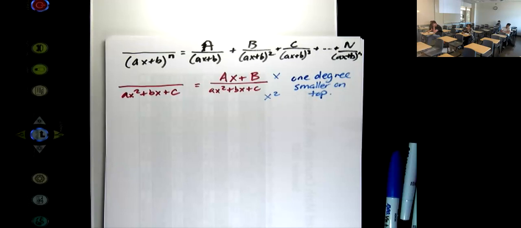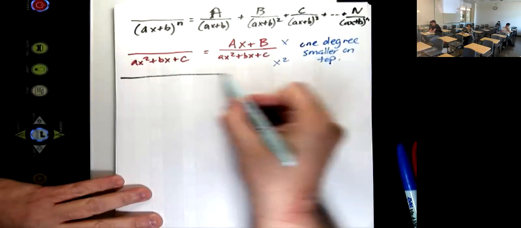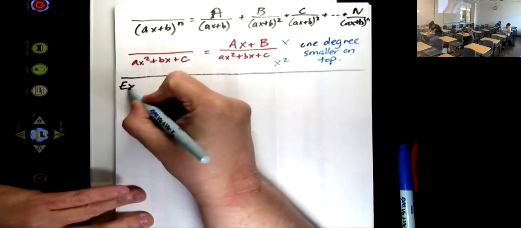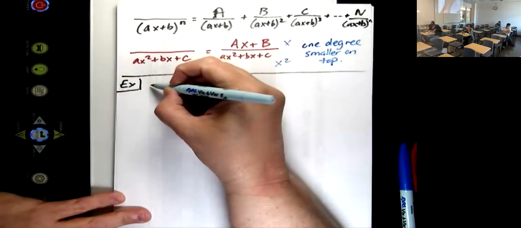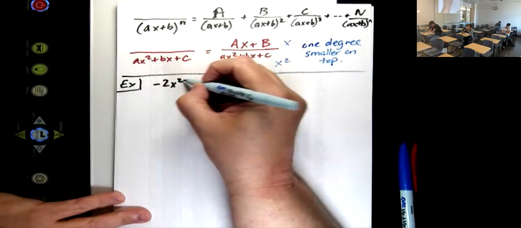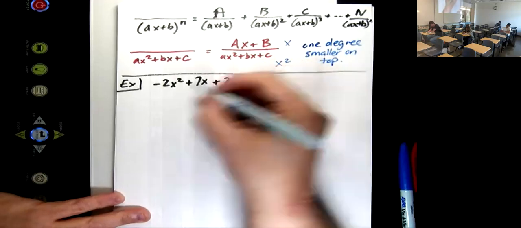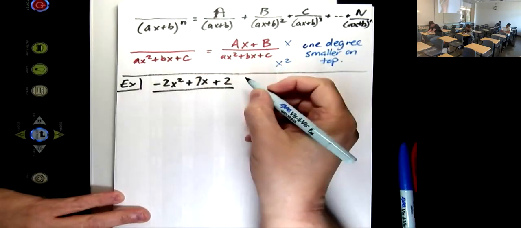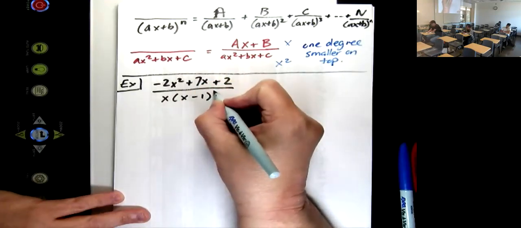Let's take a look at doing something like this. We are going to have negative 2x squared plus 7x plus 2 over x times (x minus 1) squared.